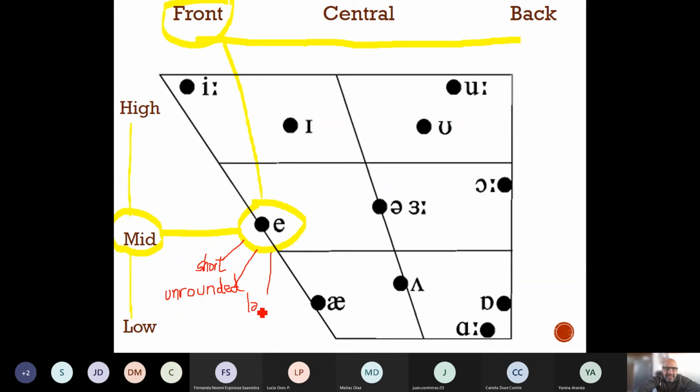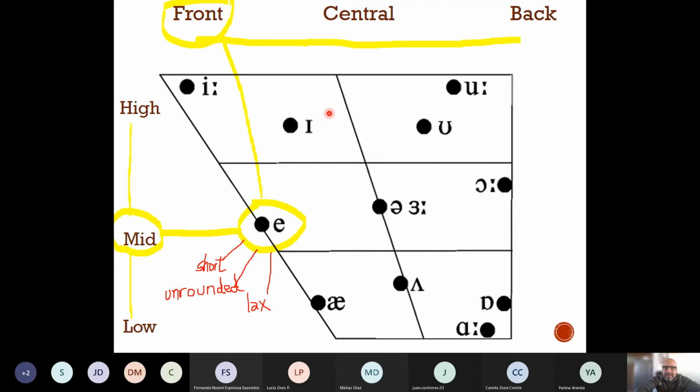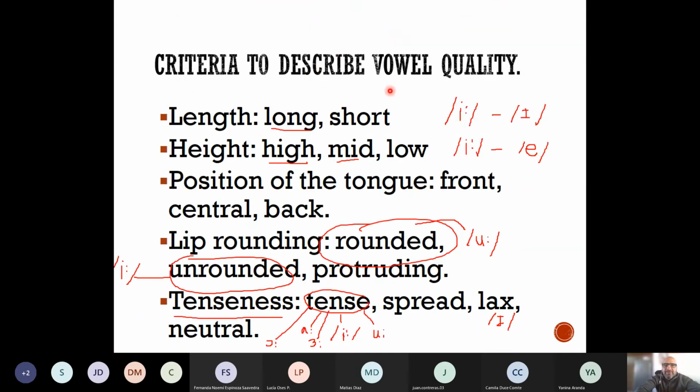Okay, lax. In general, if the sound is long, it's tense. Those long sounds are also tense, and this one is lax. So those are the 5 criteria to describe or classify a vowel sound according to vowel quality.